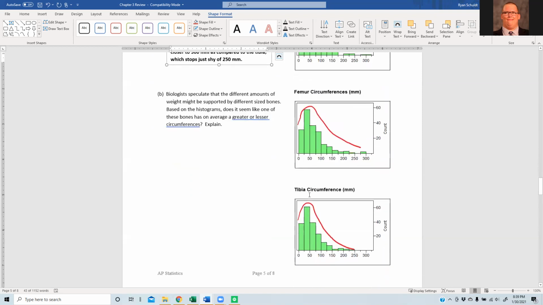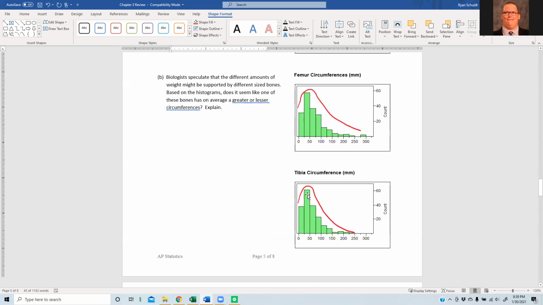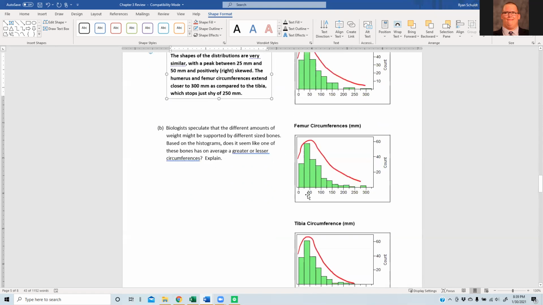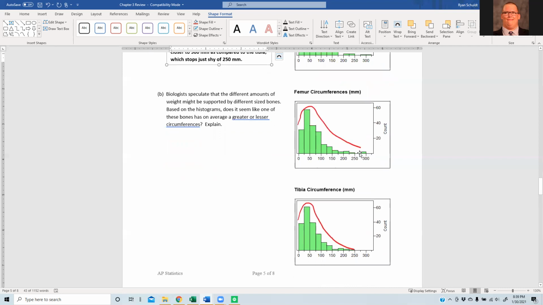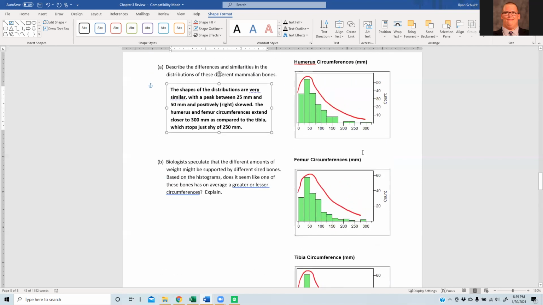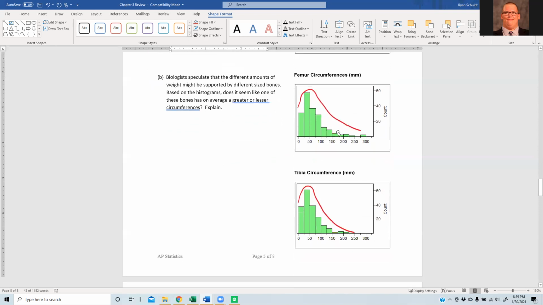So they all pretty much have about the same shape. I mean, the differences aren't really that great, other than the femur and humerus tend to go out further as far as how spread out the values are, but they all tend to be kind of clustered in the same areas.